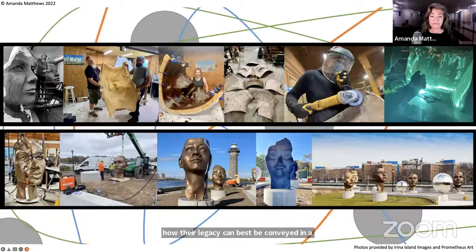So as part of the creation and installation, I share this. This is 1% of what it took to create this monument. I'll start at the top left and just briefly run through this. So I created the maquettes, which is the small scale version.